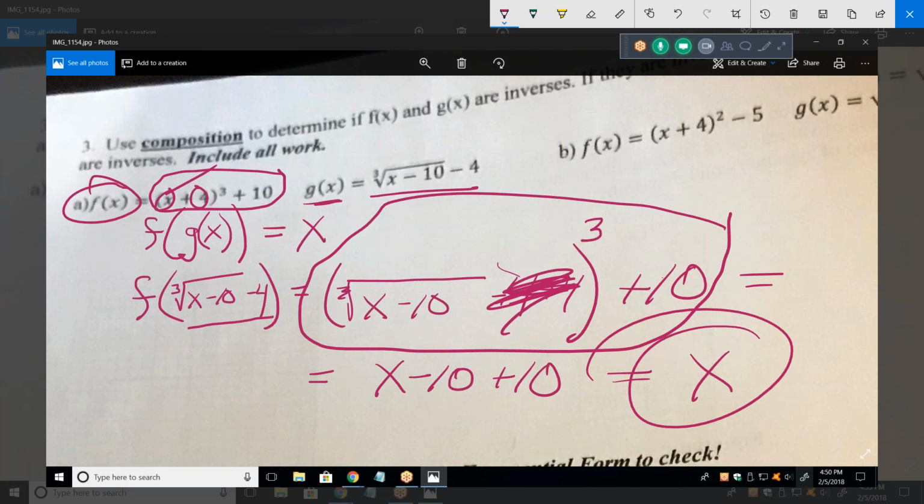And this is definitely the way they wanted you to do it, as opposed to solving for the inverse, coming up with that and saying they're inverses of one another. That's not proof. To prove something is an inverse of something else, you have to pass this test: f of g of x is equal to x.